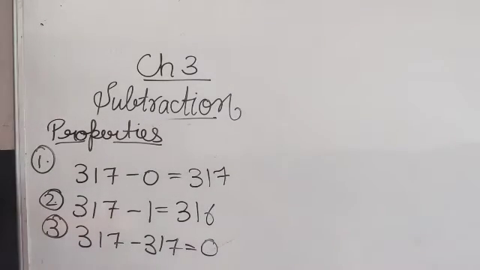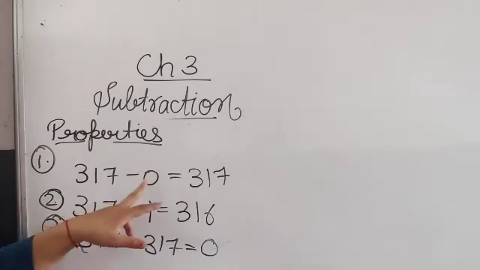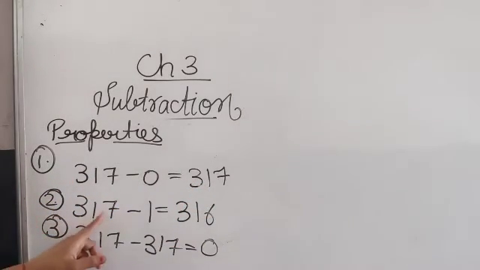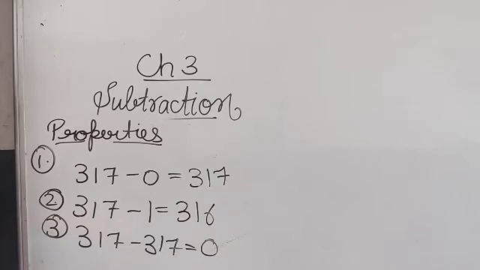Once again, have a look at the properties of subtraction. When we subtract 0 from the number, we get the number itself. When we subtract 1 from the number, we get the predecessor of that number. And in addition, we get the successor. You all know?